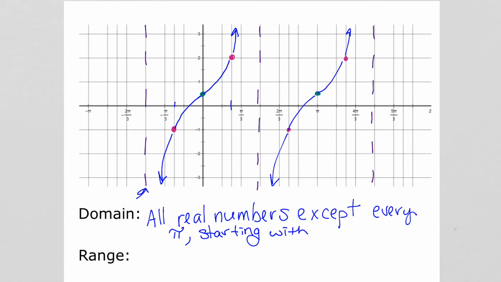It doesn't matter. I'm just going to choose negative pi over 4. Then the range is just all real numbers, negative infinity to infinity. So now we've graphed our first tangent.